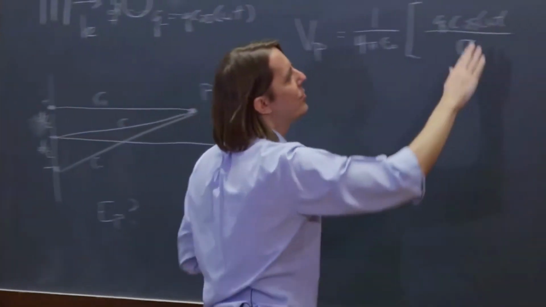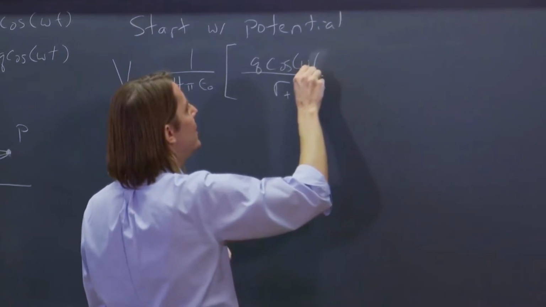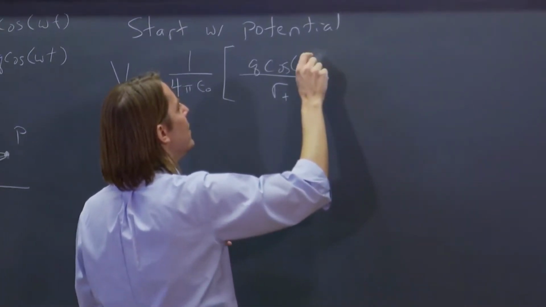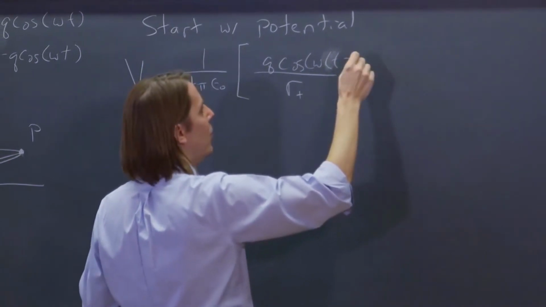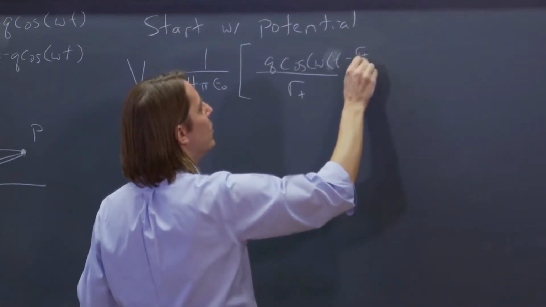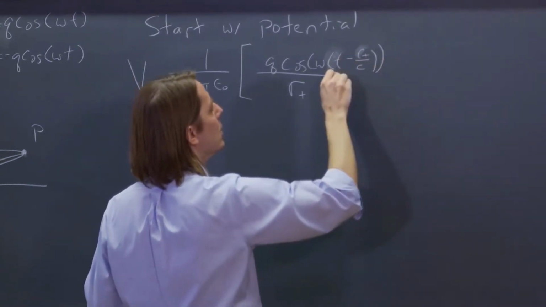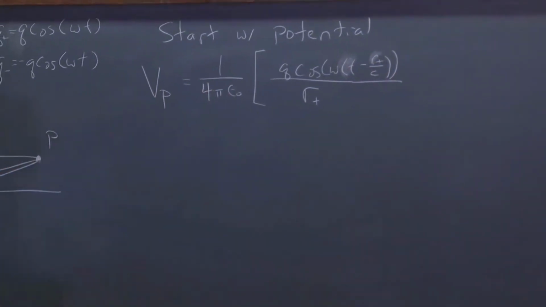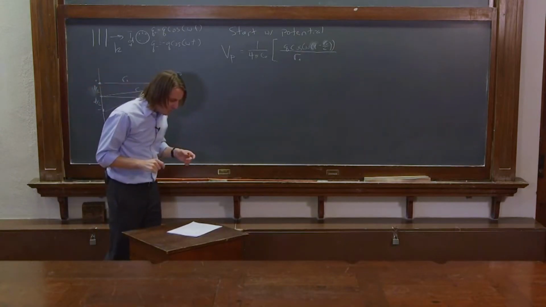So it's really not cosine omega t, it's what we call a retarded potential. It's cosine omega, and then the time quantity is t minus how long it takes, r plus over c. That's supposed to be an r. So that's called the retarded potential, q cosine omega t minus r plus over c.